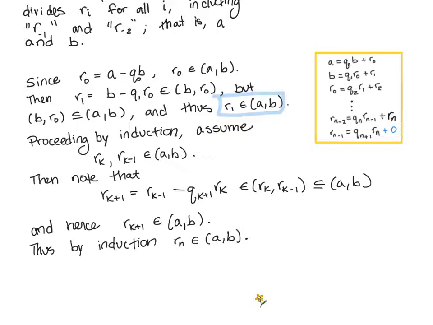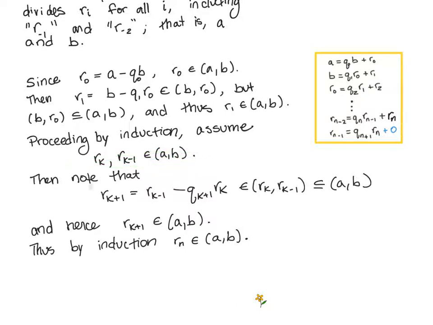So, proceeding by induction, our induction hypothesis here is that the k-1st and the kth remainder are in the ideal generated by A and B. We can rearrange that k plus first equation to see that r_{k+1} is equal to r_{k-1} minus q_{k+1} times r_k.